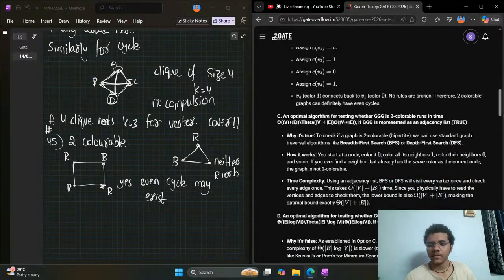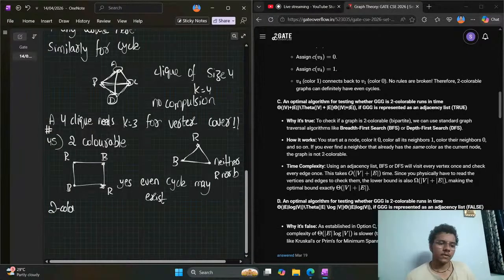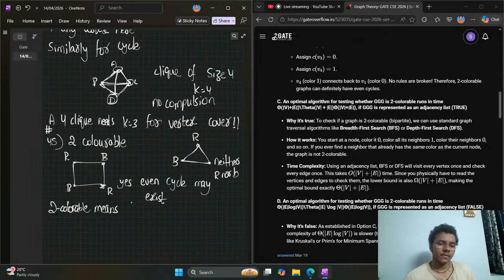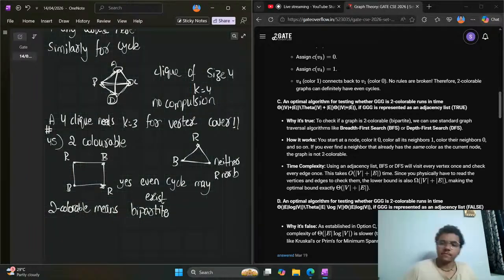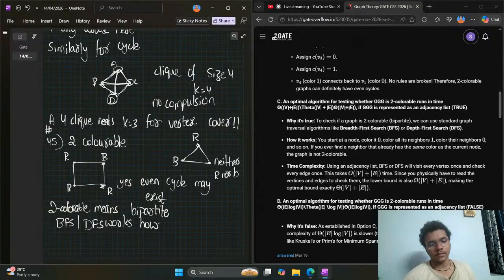An optimal way to check if a graph is two colorable, meaning bipartite, you can use a standard graph traversal algorithm, BFS or DFS works. How it works, I don't know.